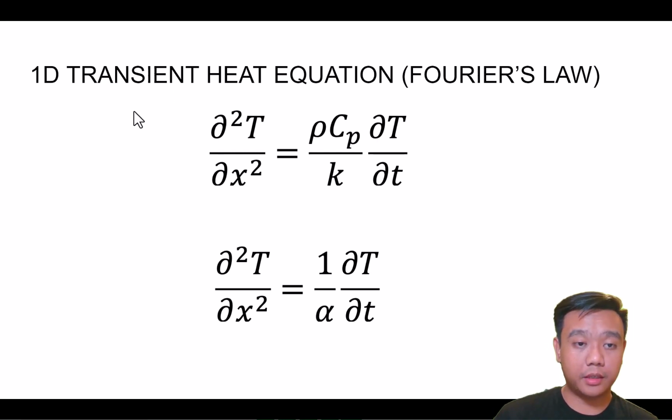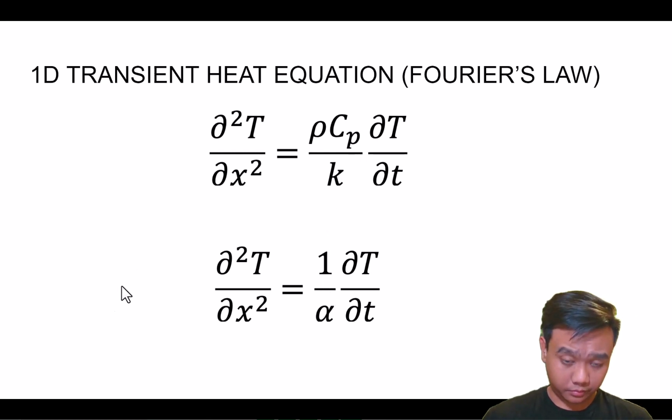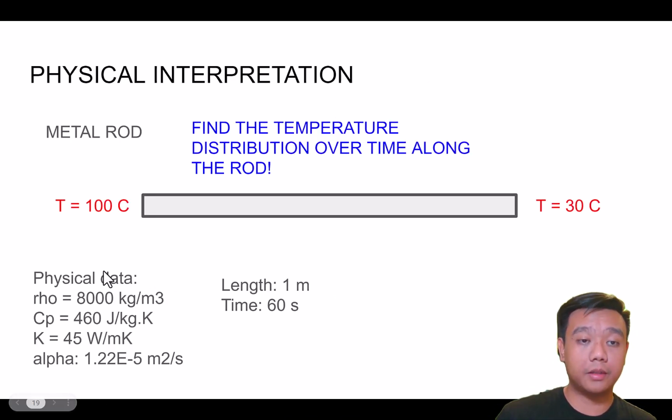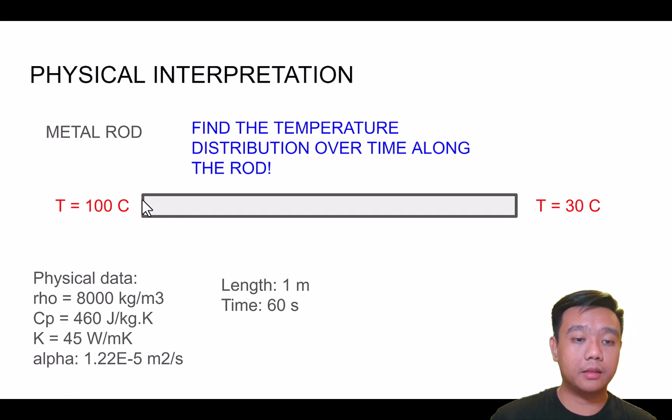To make the equation simple, I wrap this rho, Cp, and K into alpha, the thermal diffusivity. And we will try to solve a very simple problem here, a 1 meter metal rod.